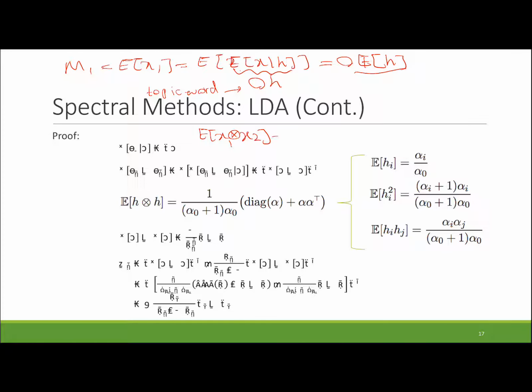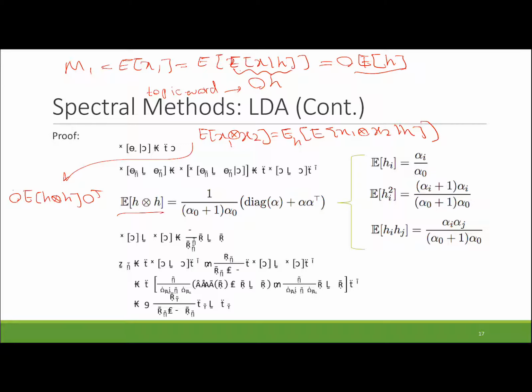X1 cross X2 is similarly expanded, and this is, sorry for the mess, equal to O E of H cross H O transpose. Is this clear?